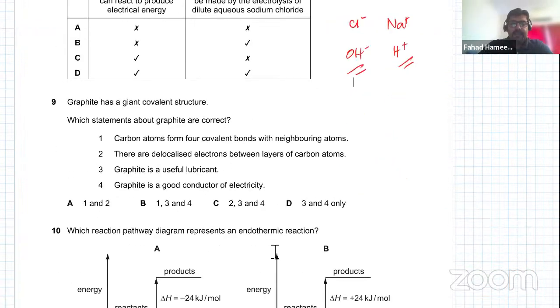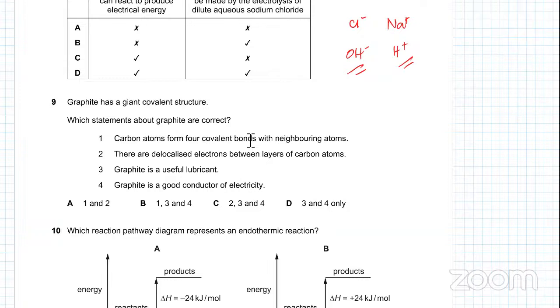Graphite has a giant covalent structure. Which statement about graphite is correct? Is one correct? No, it isn't.